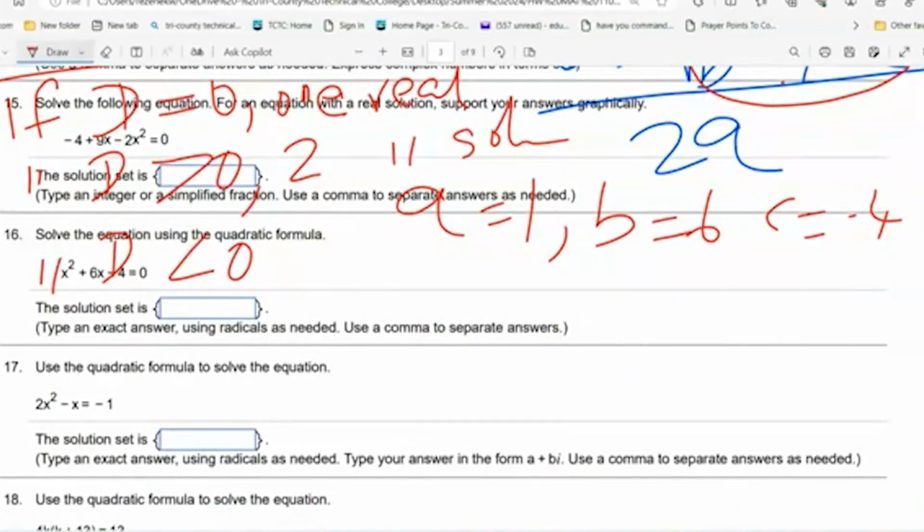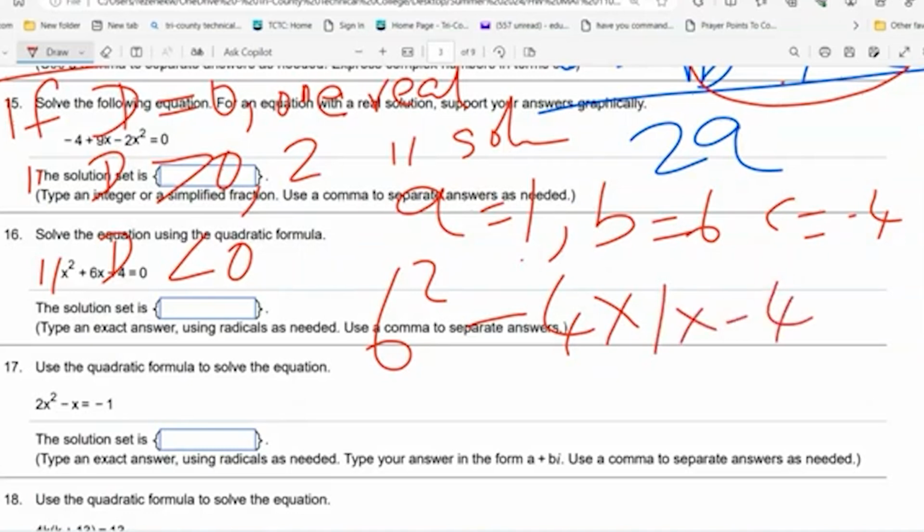So b is 6, 6 squared. Notice that D is b squared minus 4ac, right? Minus 4 times a is 1 and c is negative 4. Okay, b squared minus 4 times a times c.